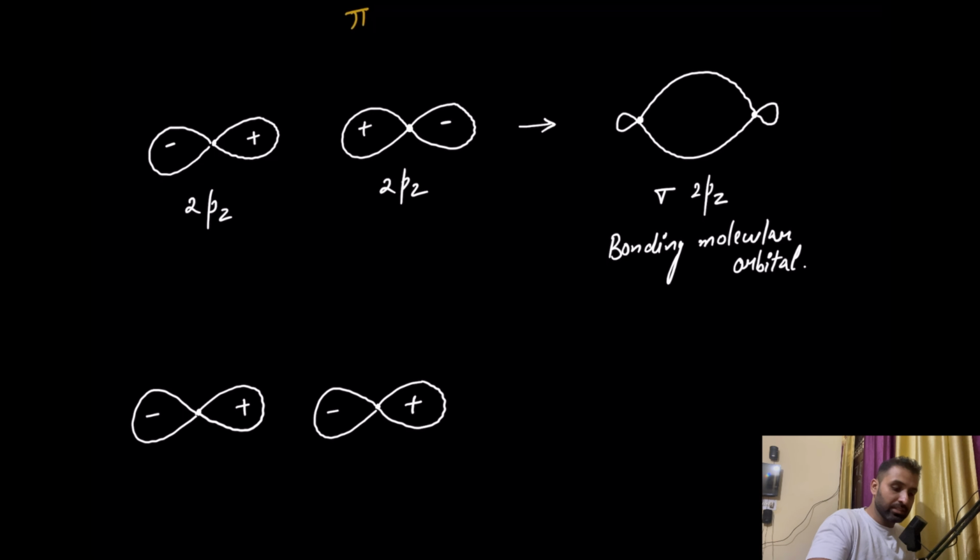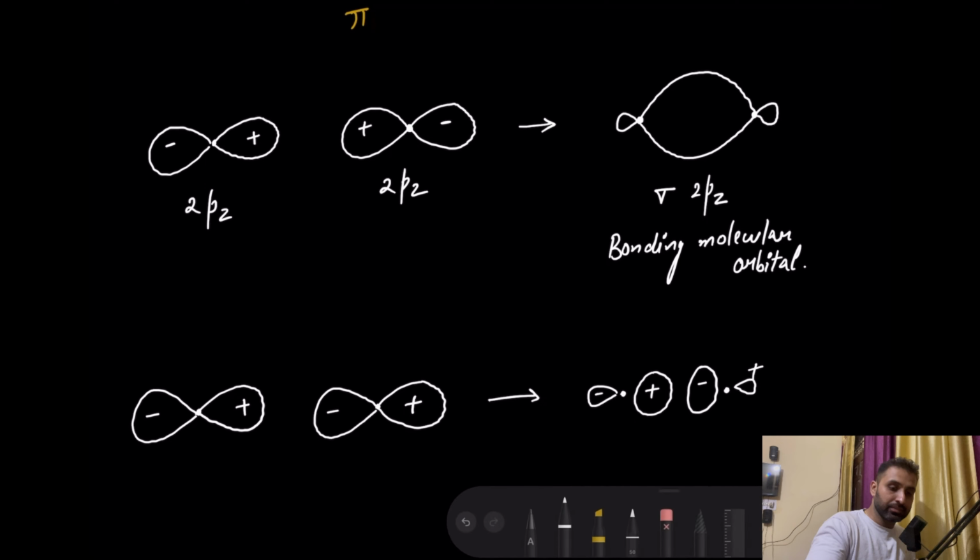Now in this case, there is intermixing of two lobes with opposite sign, which will favor the formation of anti-bonding molecular orbitals. So we're going to have, that's the nucleus of first atom, that's the nucleus of second atom. We got the first lobe, the second lobe with a plus sign, and the third lobe, minus, minus, plus.